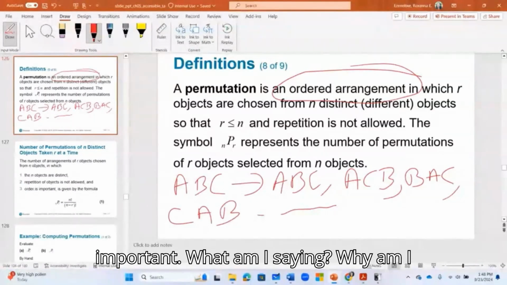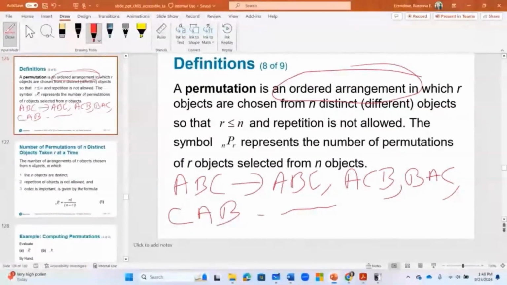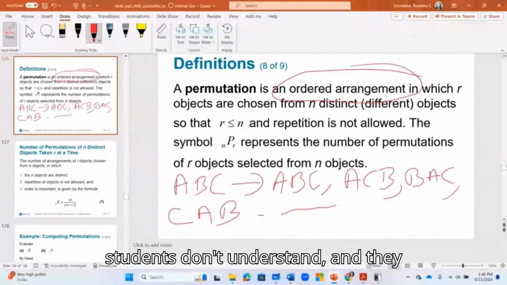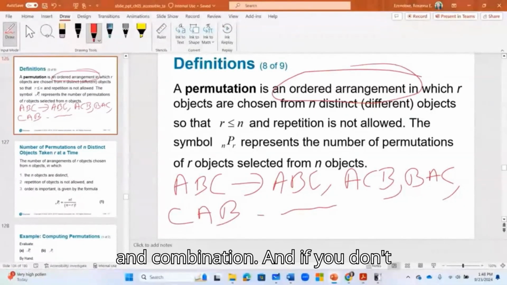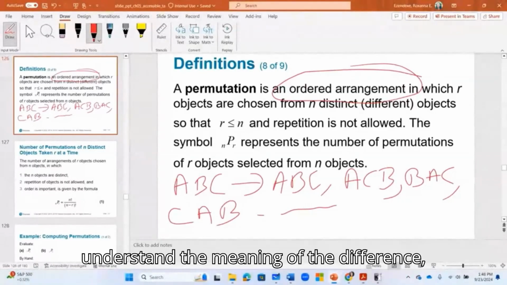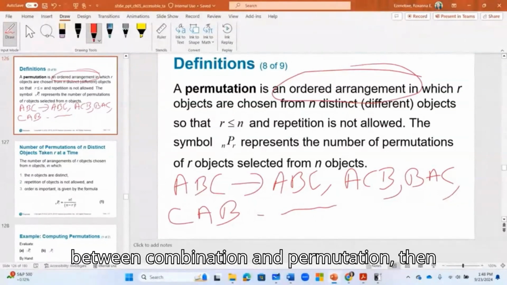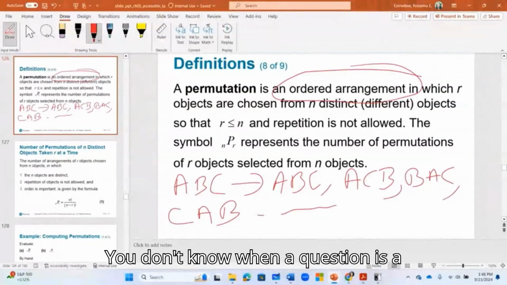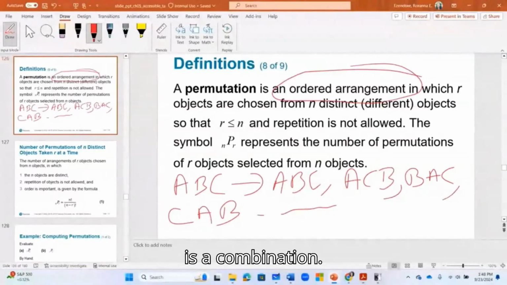Why am I saying this? I'm shouting this, I'm sorry if I am, because students don't understand and they misunderstand the meaning of permutation and combination. If you don't understand the difference between combination and permutation, then you will never understand the question. You won't know which question is a permutation, and you won't know which is a combination.